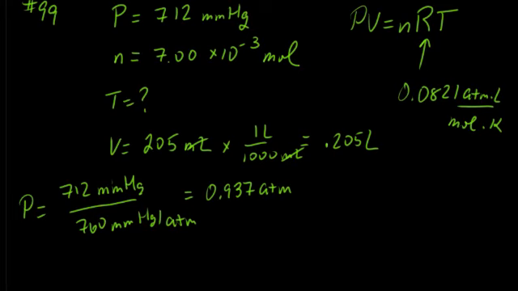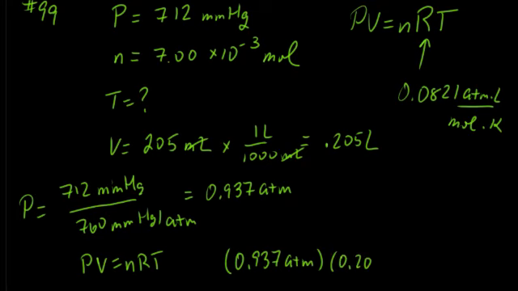And we can fill in PV equals nRT. So pressure, 0.937 atmospheres. Volume, 0.205 liters. nRT, we're looking for T. To get T by itself, we'll divide by n and R on both sides.